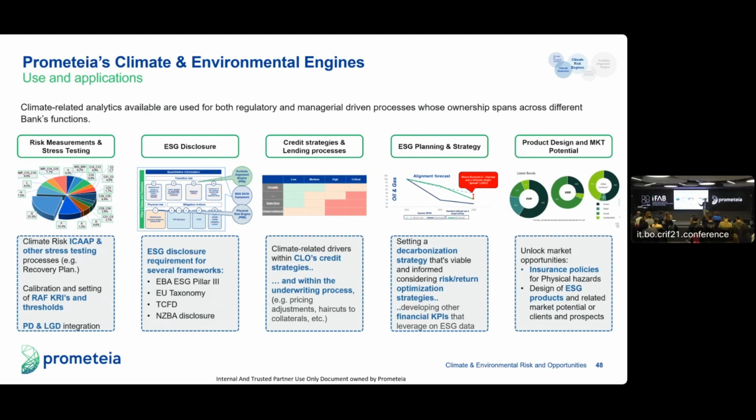There are also some investment strategies that banks are pursuing, and so when they underwrite credit, essentially when they decide to give credit to a specific small and medium enterprise or an enterprise, they want to better understand the ESG impact that these enterprises are having. They can also be used for ESG planning and strategy, for example for decarbonization, or also in terms of product design.